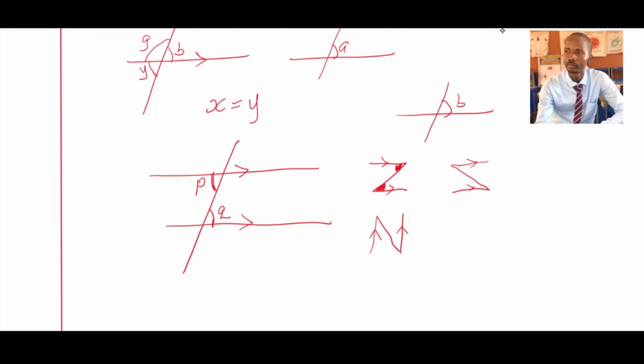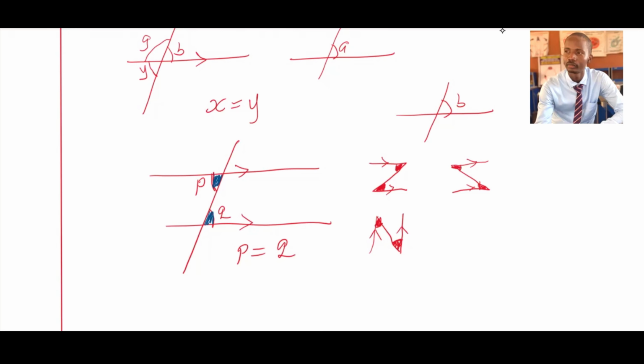It's alternate. So that's one way to identify alternate angles. If you carefully look at this part, the angle P is alternate to angle Q. So that's for alternate angles. P is equal to Q, alternate angles.